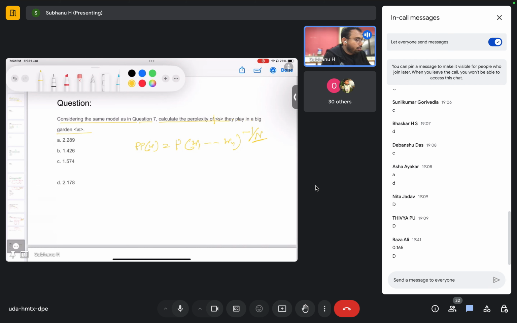And our formula is minus 1 by n. So Bala, can you explain why you are saying 1.426?